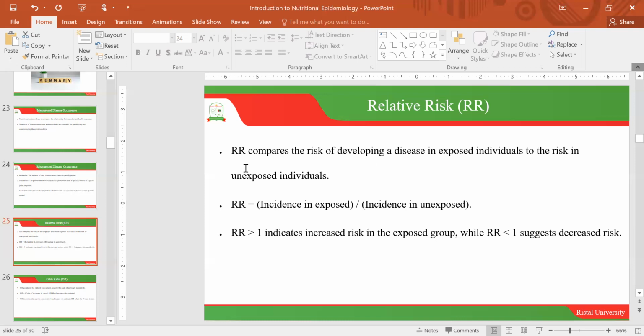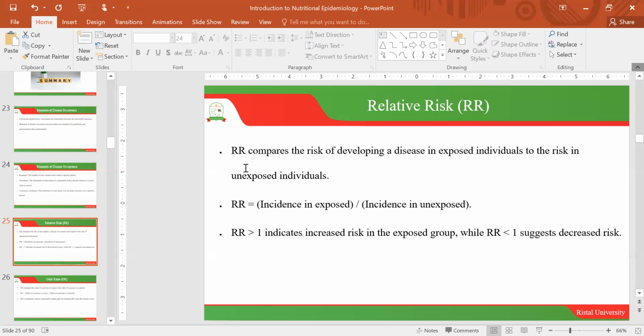So in this case, for example, if you have 50 people who take sugary drinks, and you have 50 people who don't take a lot of sugary drinks. Out of those who take a lot of sugary drinks, let us say 20 develop diabetes type 2. And on the other side, only, let us say, 10 get diabetes type 2.